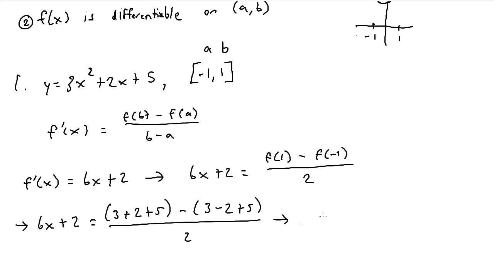So when I simplify, we'll get 6x plus 2 equals 3 plus 2 is 5, plus 5 is 10, minus 3 minus 2 is 1, plus 5 is 6, over 2.